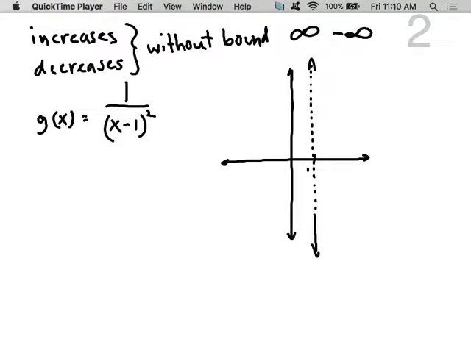Tell me about the behavior around 1. Any ideas? Well, it's even, so it's going to be on the same sides. Right, so either both up or both down. How do we figure out which one?